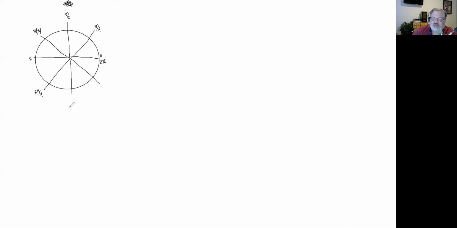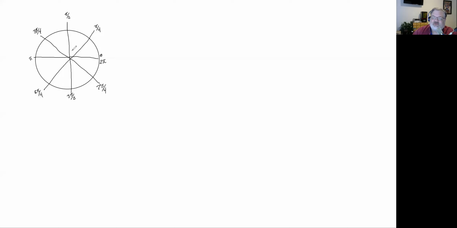We could go 6 pi over 4 here, but that will reduce to 3 pi over 2. But that was 6 pi over 4, then 7 pi over 4, and 8 pi over 4. Of course, 8 pi over 4, like the others, would reduce to that 2 pi. So that gave us the pi over 4s.